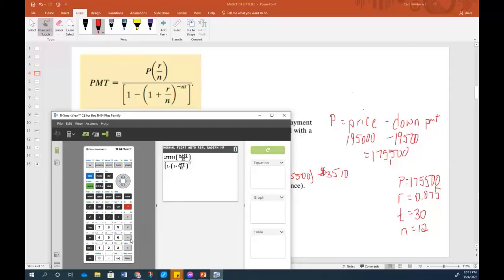If you use the minus, minus is used in between terms, but when you are doing a lead, it has to be the negative down here on a calculator. So negative n times t, so that is going to be 12, and then times 30. Get behind this entire thing, and are you ready to find out what the payments are going to be? Bam! So to the nearest penny, that's going to be $1,227.12.